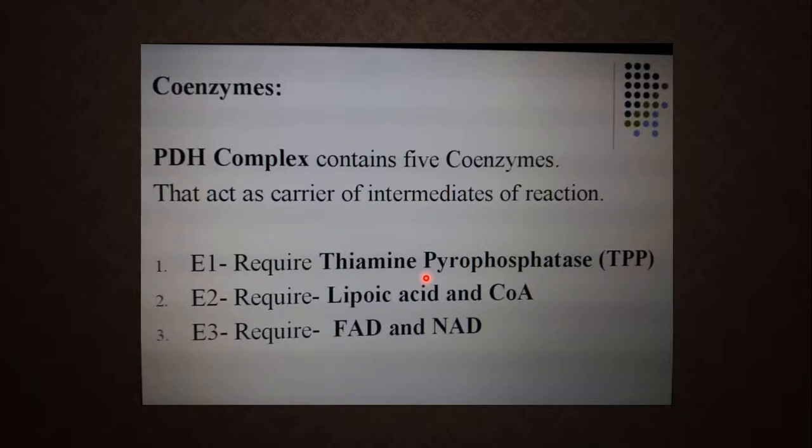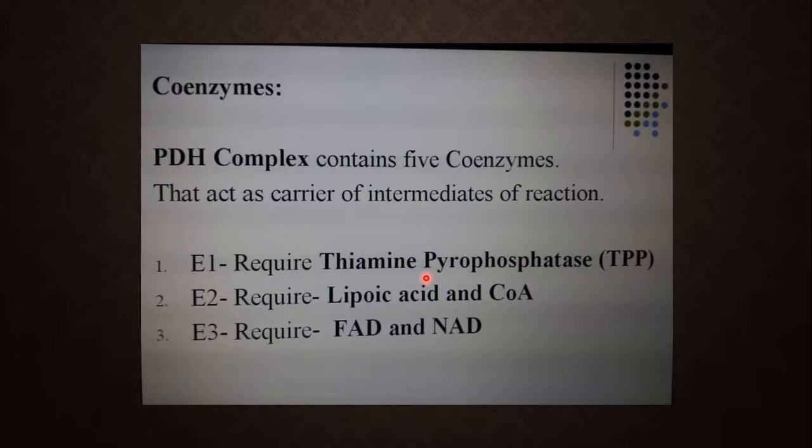Deficiency of thiamine or niacin can cause serious central nervous system problems. I'm just quoting one example. This is because brain cells are unable to produce sufficient ATP via the TCA cycle.